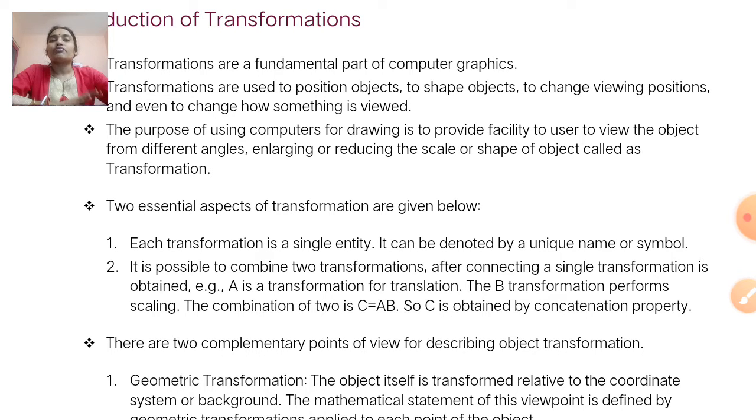The purpose of using computers for drawing is to provide the user the facility to view the object from different angles, enlarging or reducing the scale or shape of the object. This is known as transformation. That means we can enlarge the object, reduce the object, or move the object from one angle to a different angle. This concept is known as transformation.